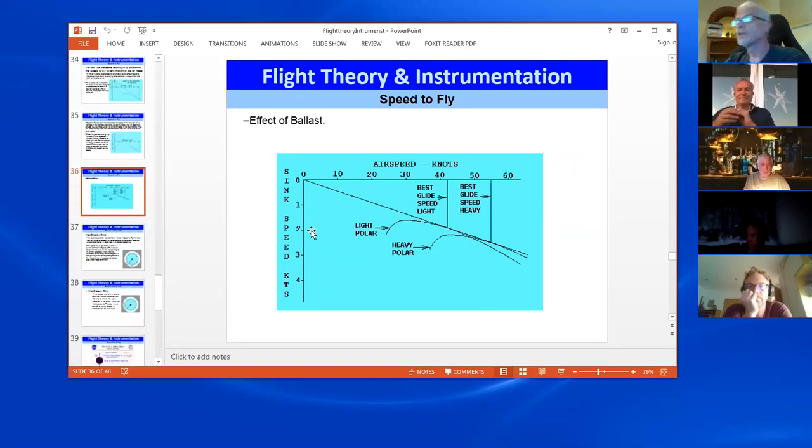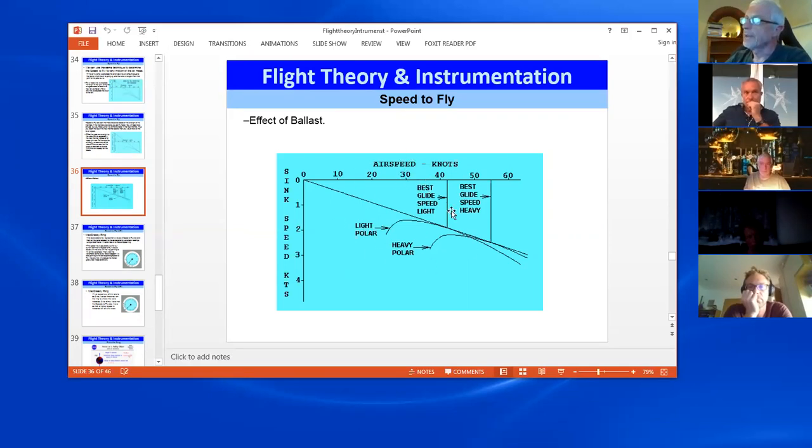If you're not in competition, I guess the other practical point is where you are in the weight range on your wing. If you're at the bottom of your weight range, then your best glide speed is going to be slower than if you're at the top of the weight range.